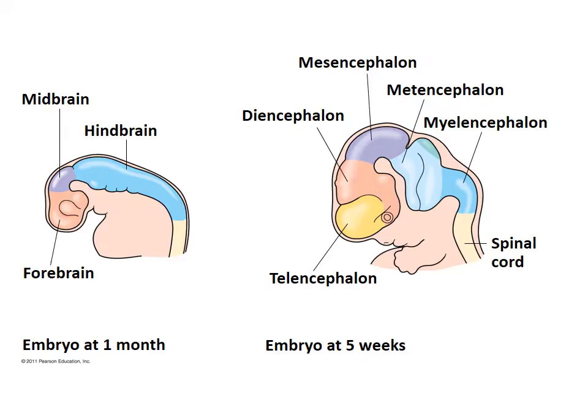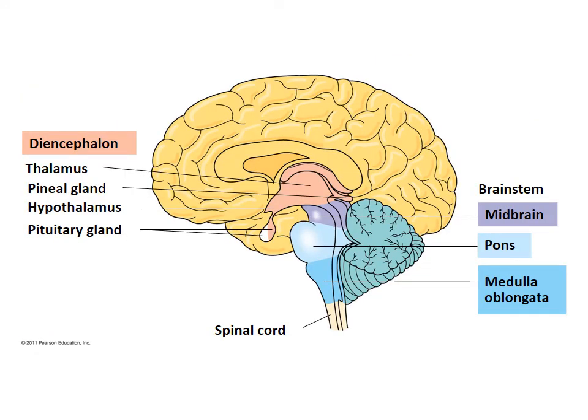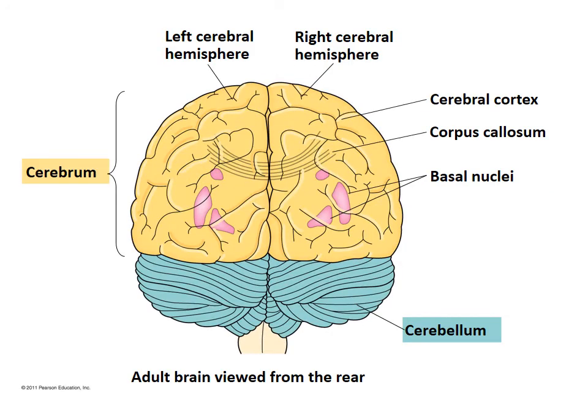And here are pictures of the same picture, but blown up so you can look at it in more detail. And this is also blown up, and so you can look at it in more detail. And here is a picture. This is the adult brain looked at from the rear.